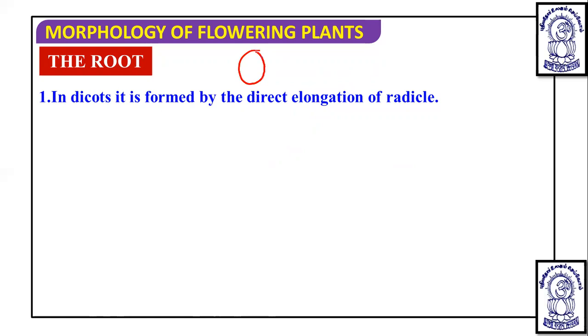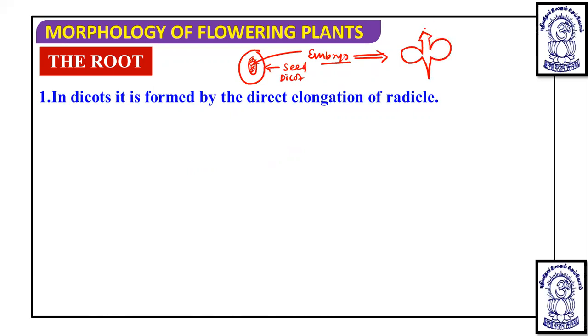Suppose this is a seed, then it obviously has an embryo. If we take this as a dicot seed, and draw its embryo structure in detail to understand its parts, it looks somewhat like this.